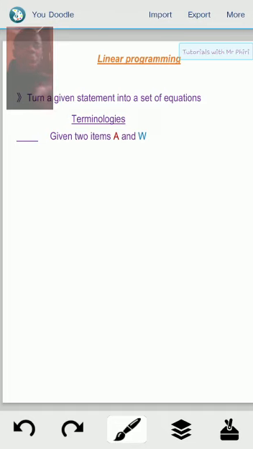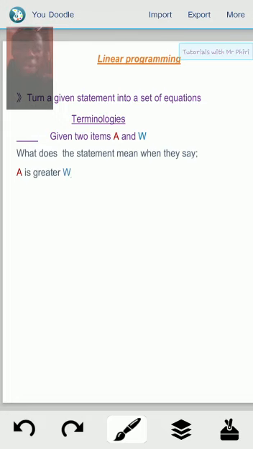Let's say they are the subjects of the topic. What does the statement mean when they say A is greater than W? How can we transcribe this into a mathematical equation?